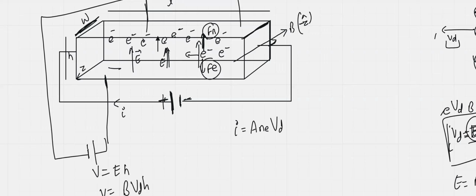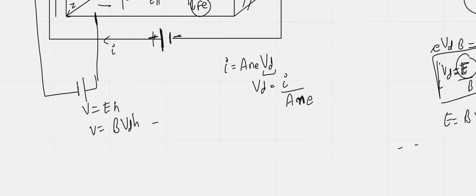So from here you can also get the formula for vd. A is the area of the cross section where the charges are moving. So vd becomes I divided by n A e. If you put this in, what you're going to get is B multiplied by I multiplied by height divided by area.